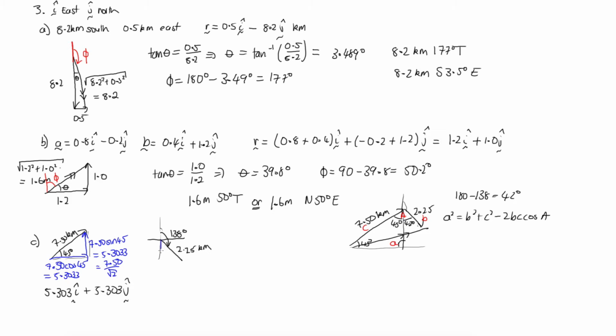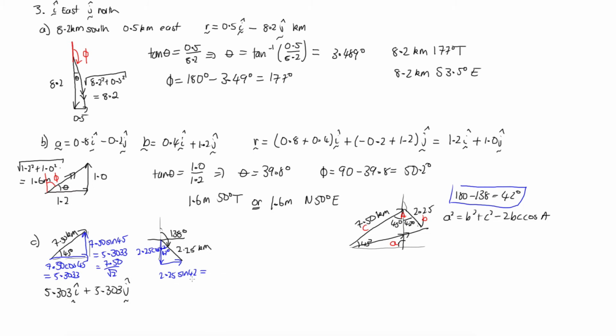And now we need to also break this one here into components. We've got a component down there and a component across here. And we worked out over here that this angle in here is 42 degrees. So this one here is opposite this angle, so this will be 2.25 sine 42. And this one here is adjacent to it, so this one is 2.25 cos 42.